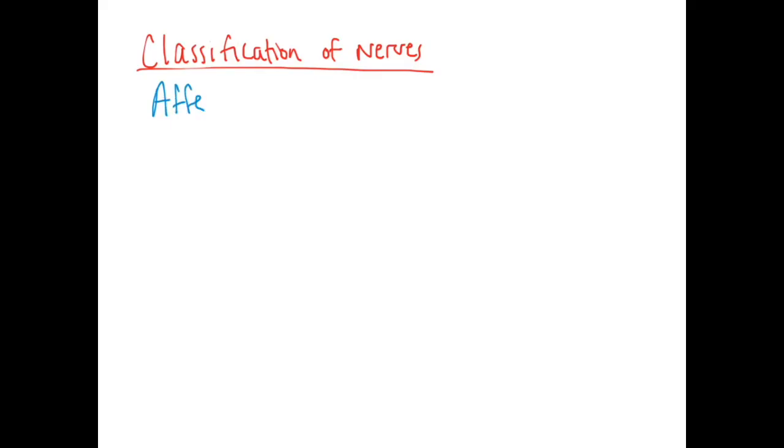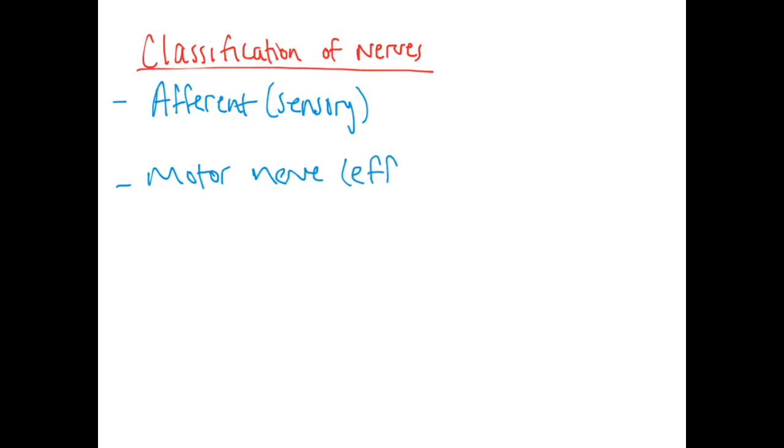Sweet. So now let's just classify some nerves. If we have information going towards the central nervous system, that's going to be an afferent nerve. And we know that's carrying sensory information. So we can say a sensory neuron or a sensory nerve. It's going to be a nerve that has only sensory neurons, or afferent. Then we could also say a motor nerve or an efferent nerve.